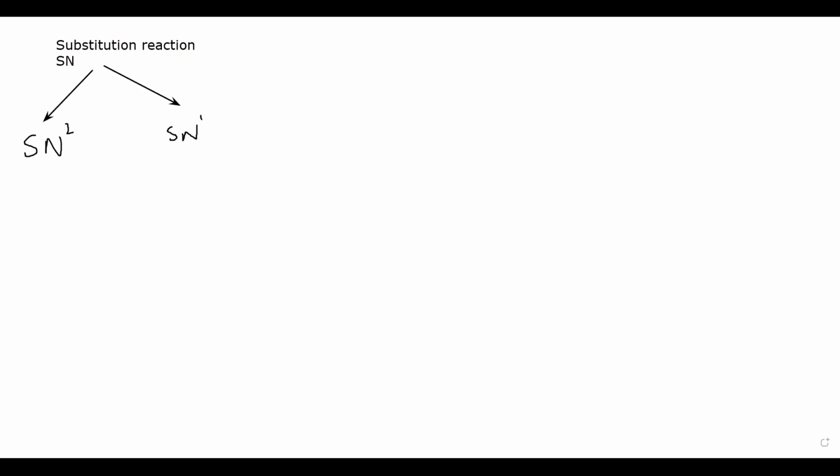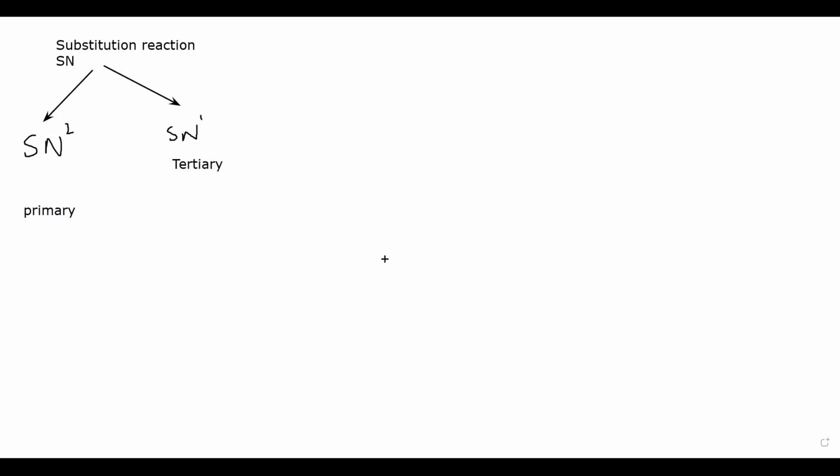So what happens in an SN2 reaction and what happens in an SN1 reaction? Normally in primary halogen alkanes we have SN2, and in tertiary halogen alkanes we have SN1.